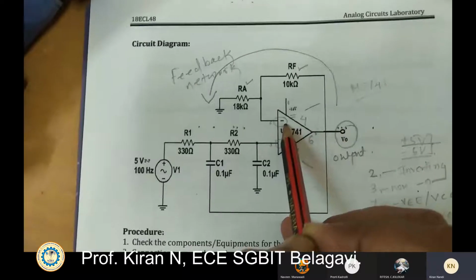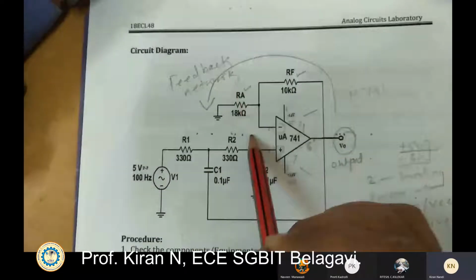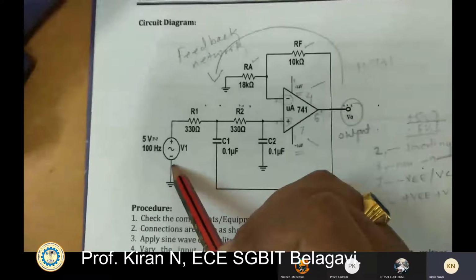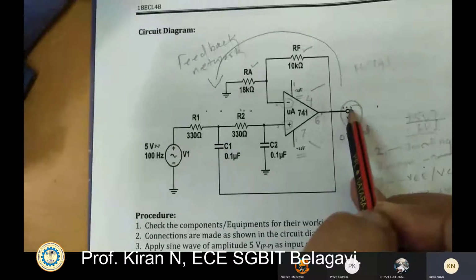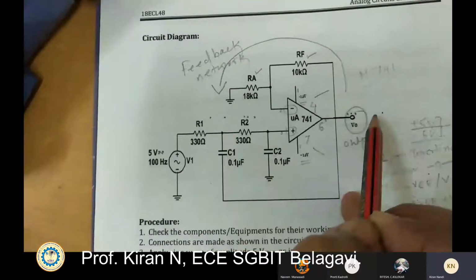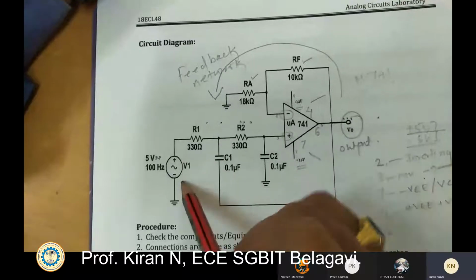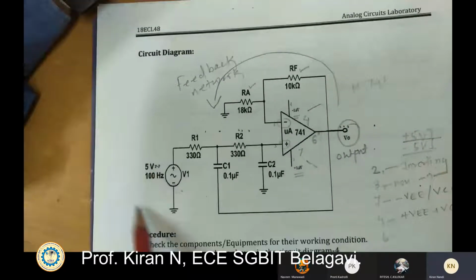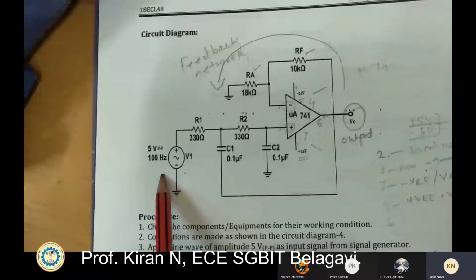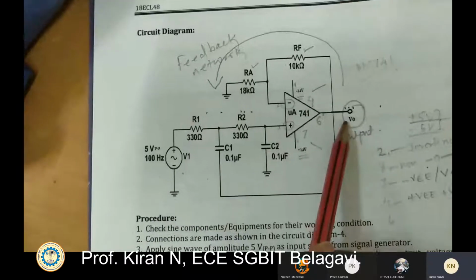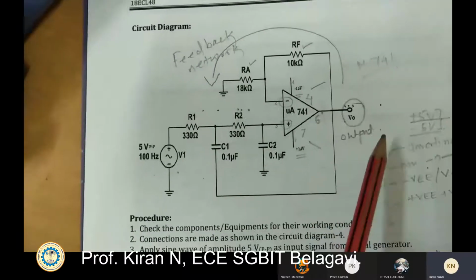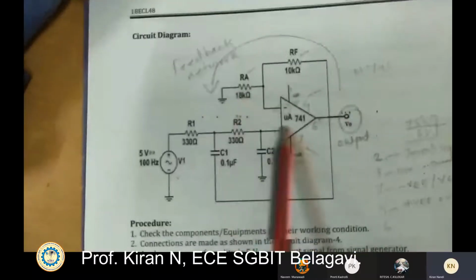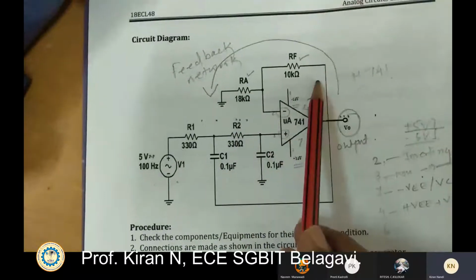Why are we giving this feedback here? So that whatever input we provide, the output synchronizes with the input. If any small change is made in the input voltage, it has to result in proper changes in the output. For this we connect this feedback network.